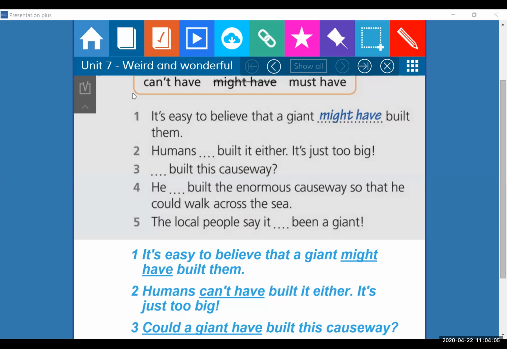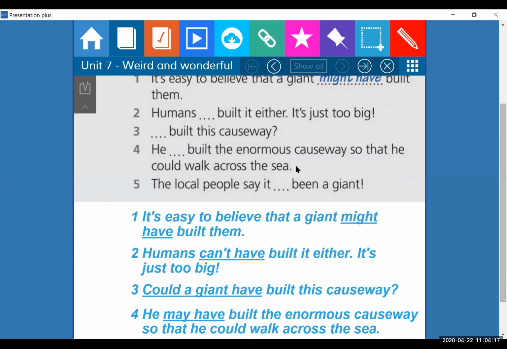Okay, the fourth one: he built an enormous causeway so that he could walk across the sea. The answer is, he may have built the enormous causeway so that he could walk across the sea.